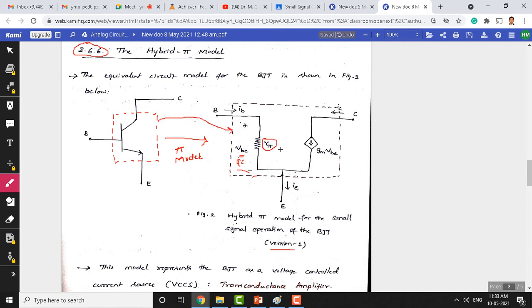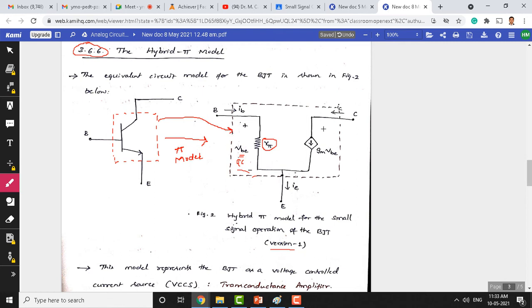So inside the BJT we have a resistance and a current source. There is a dependent current source here, and the magnitude of the current flowing here is Gm times VBE. This is a dependent current source, as I already told you.